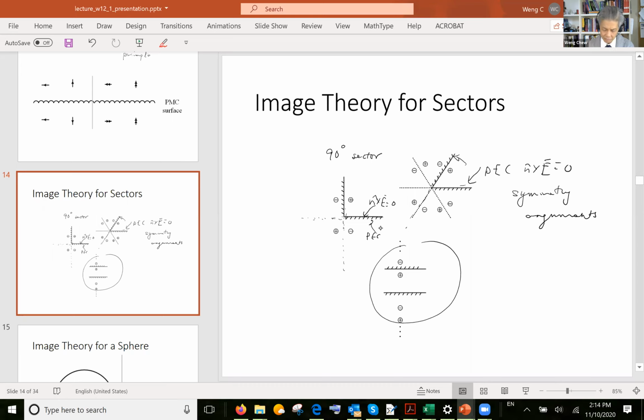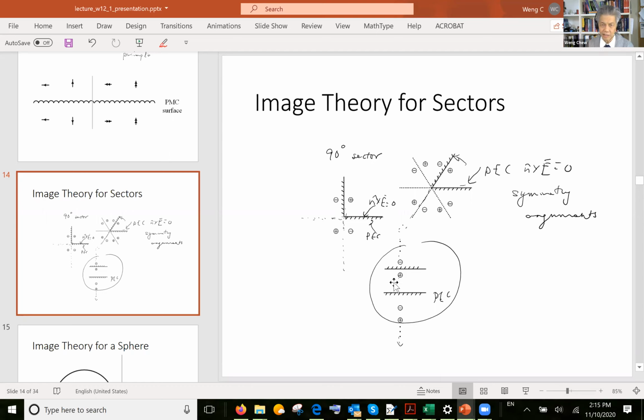Okay, the same thing happens here. If you have a positive charge, the image of itself is a negative charge, but if you put another PEC surface here, this surface is going to reflect these two charges in this manner, and they keep reflecting each other infinitely far away, so that you have a series of infinite images in order to solve this boundary value problem.